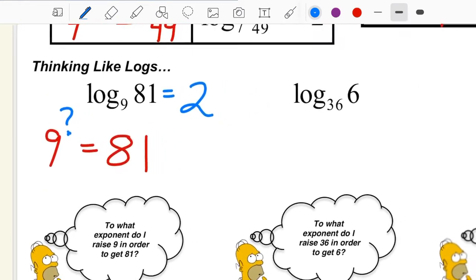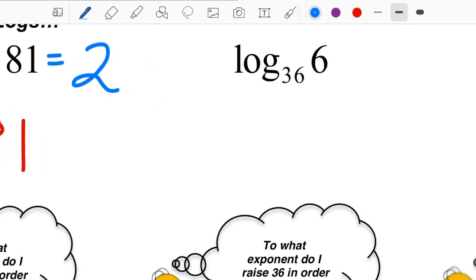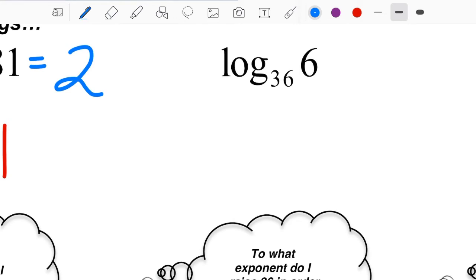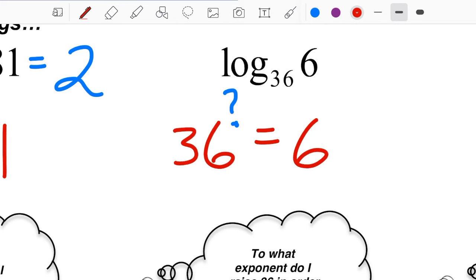Let's think like a log for the log base 36 of 6. To what exponent do I raise 36 to get 6? Now be careful, before you say 2, that would be like saying that 36 squared equals 6. But you're close.